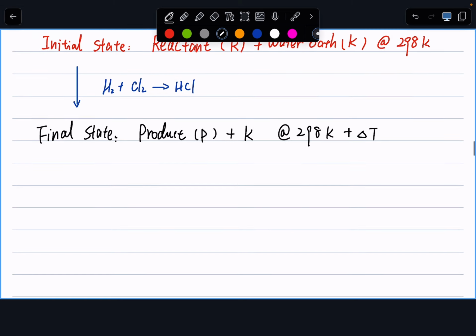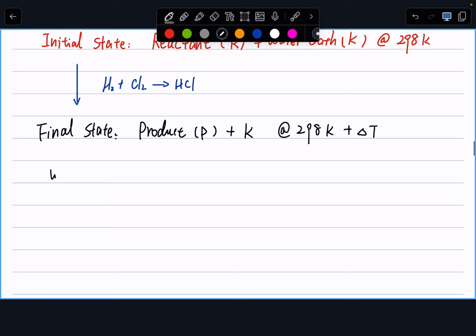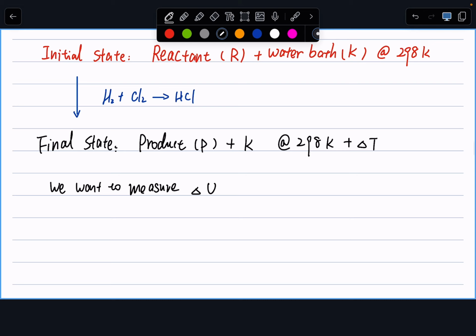And what do we want? We want to get the delta U between your initial state and the desired state.